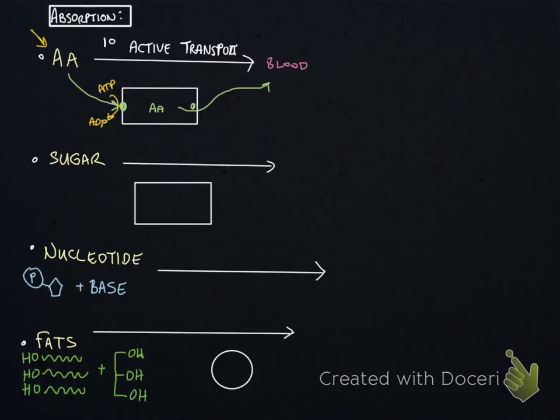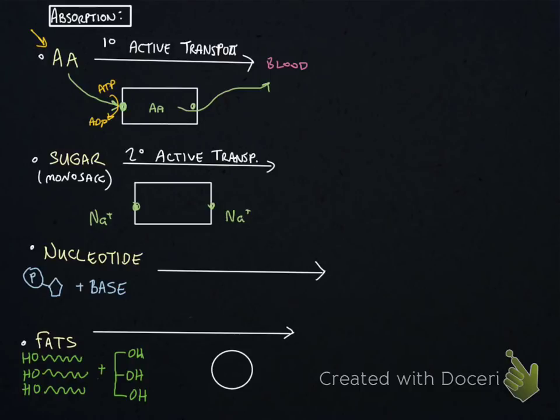What about sugar or carbohydrates? Specifically monosaccharides, so single sugars. Well, they use a secondary active transport. They also will use certain transporters on these epithelial cells that lie in the jejunum, and will use sodium in this case.